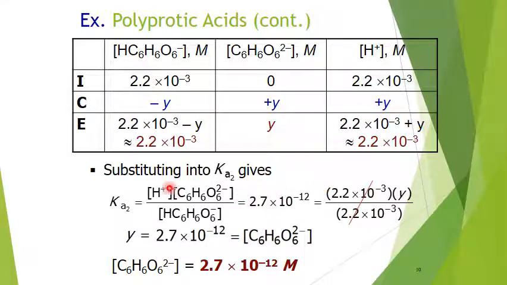Then what we have is 2.2 times 10 to the minus third times this quantity, which we call y, all over our conjugate base from the first.